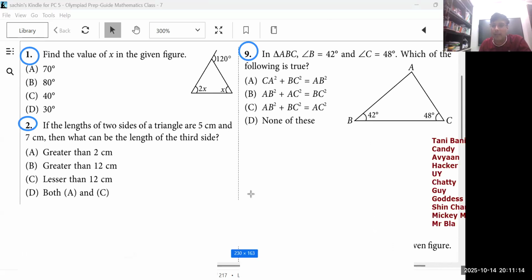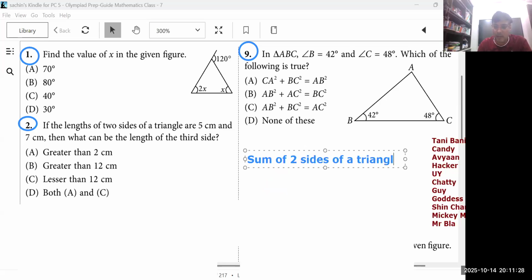Triangle inequality states that sum of two sides of a triangle is always greater than the third side. Let me write it for you. Sum of two sides of a triangle is always greater than the third side. We did this in the Sunday class.